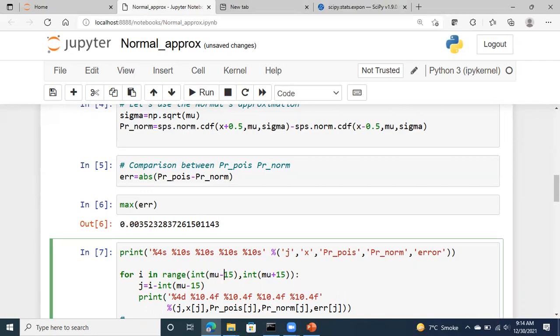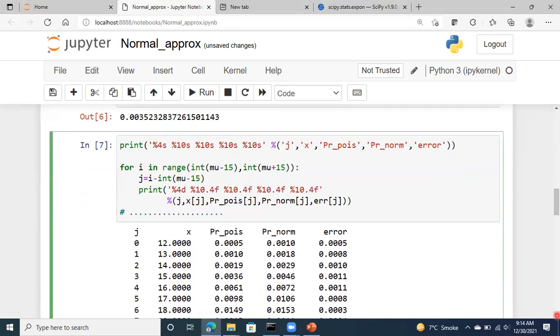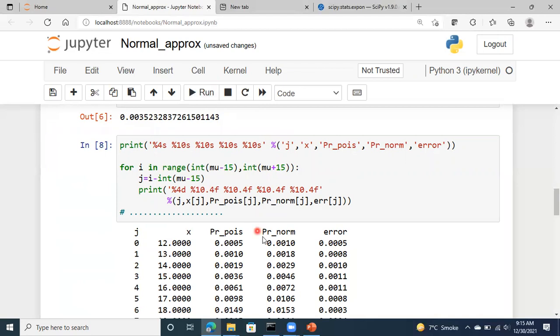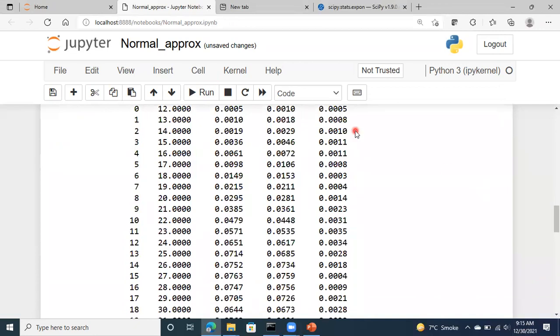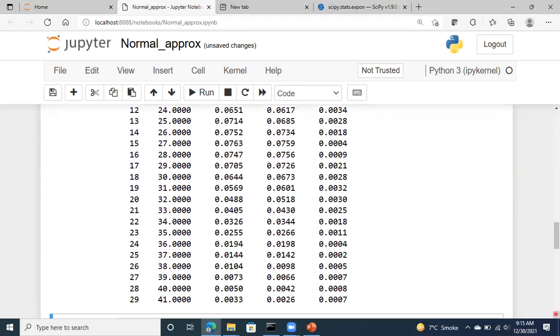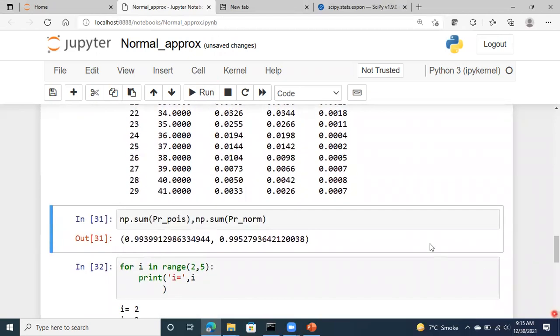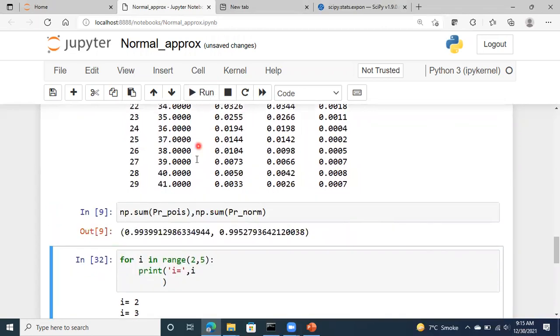A similar type of program I wrote previously to compare binomial and Poisson probabilities. So it is here, right? So the error is 0.0005. So it is reasonably good to approximate Poisson probabilities using the normal approximation.